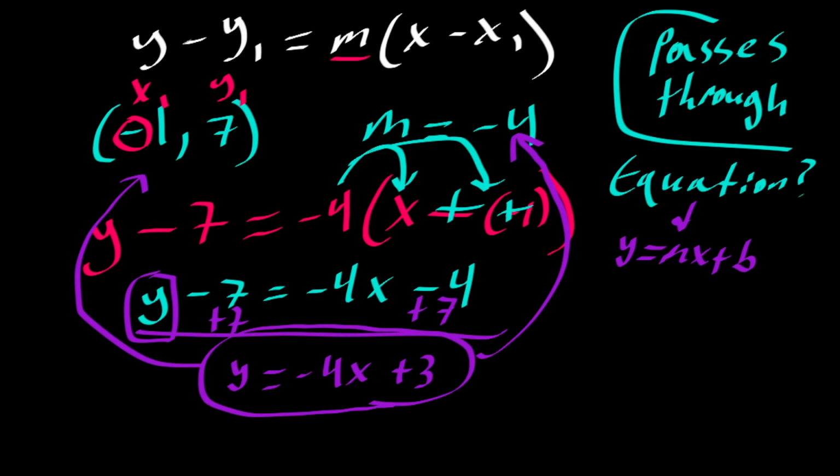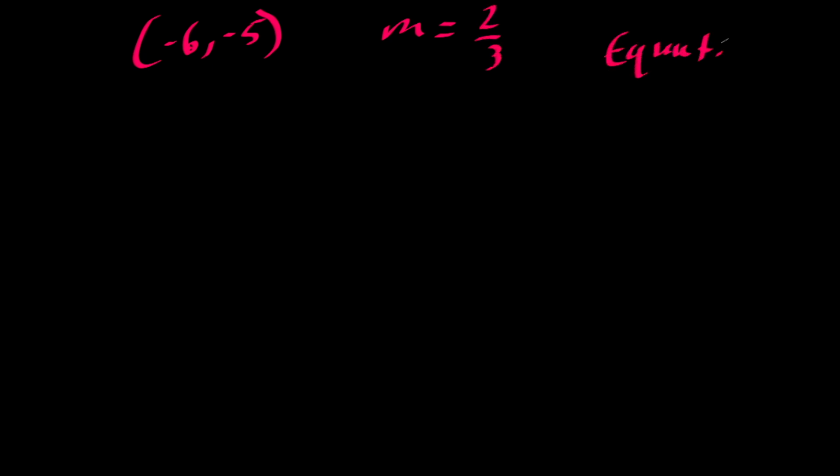All right, let's do another one real quick. Let's say we have the point -6, -5, and our slope is 2/3. Our job is to find the equation, specifically in y equals mx plus b form.